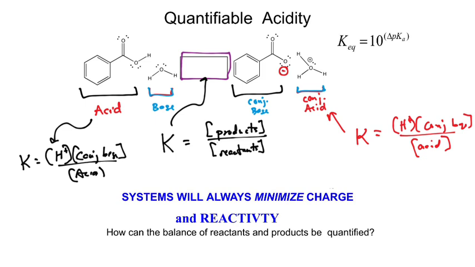If I have a larger K value, that means the conjugate base is in a larger concentration than this one's conjugate, which was here. So what does that mean? More products. A larger black K value means more products. And if I get more products, what does that mean about my reaction arrow? It's going to favor the products.